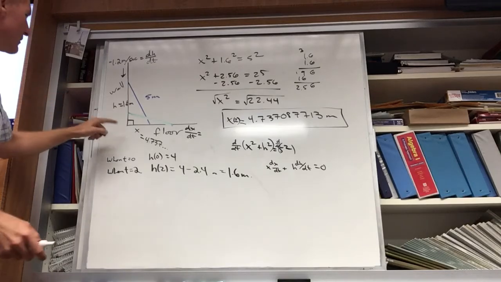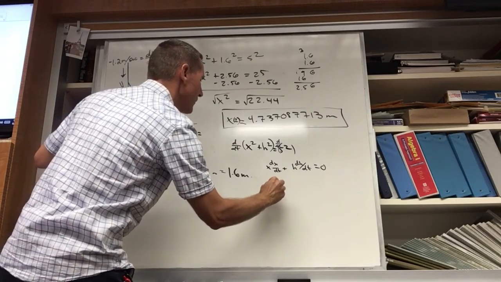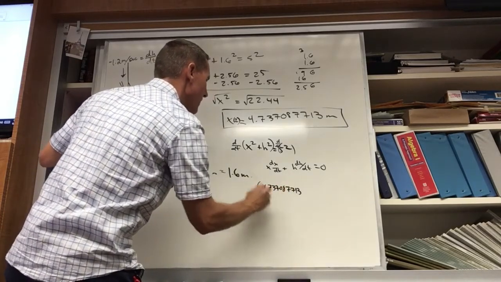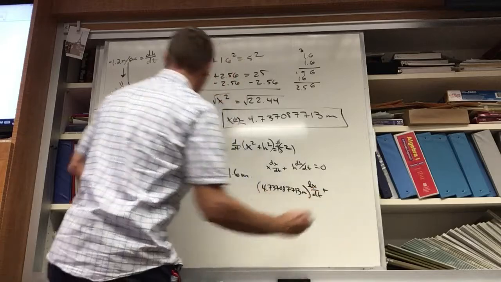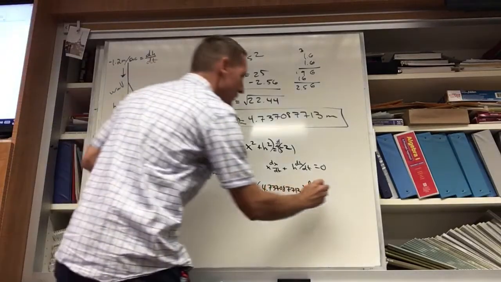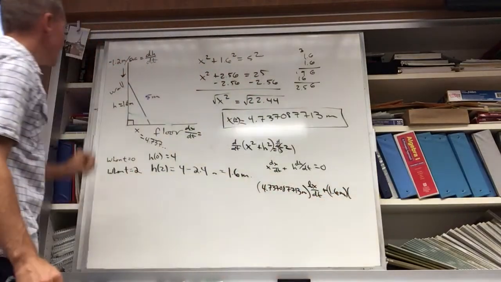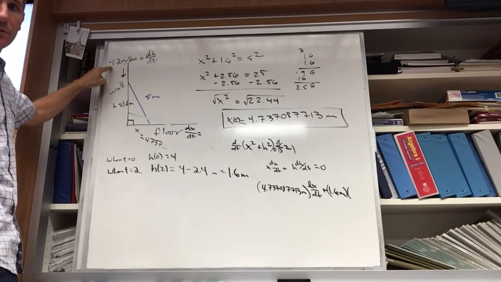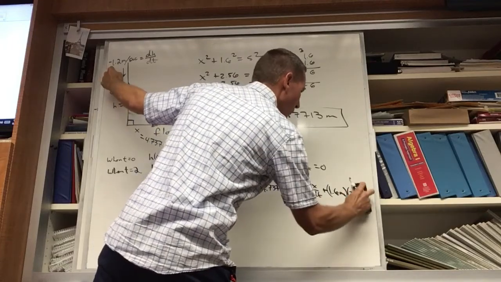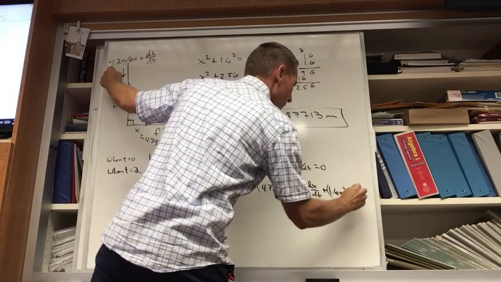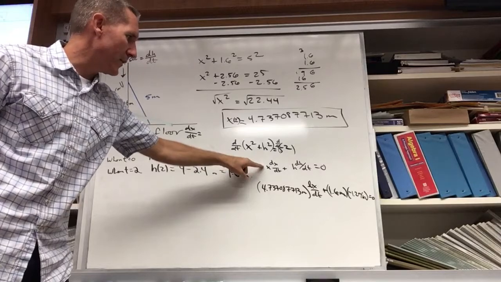So when x is equal to 4.737087713 meters, times dx/dt, that's my unknown, plus h, which is 1.6 meters, times dh/dt, which is negative 1.2 meters per second, that equals 0 from this equation right there.